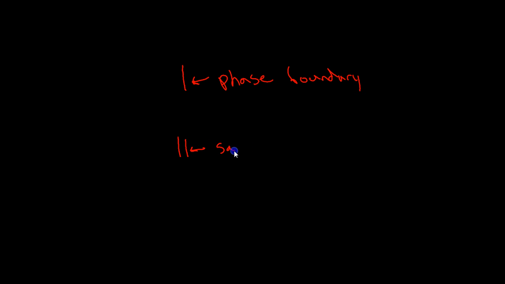It's important to really understand how those operate, and a phase boundary means that you have two different phases in contact with each other. So you might have a solid in contact with a liquid, or two liquids, or a gas in contact with a liquid. You could have anything like that. There's going to be an example where we see a liquid in contact with another liquid, and you'll see that in a few minutes.